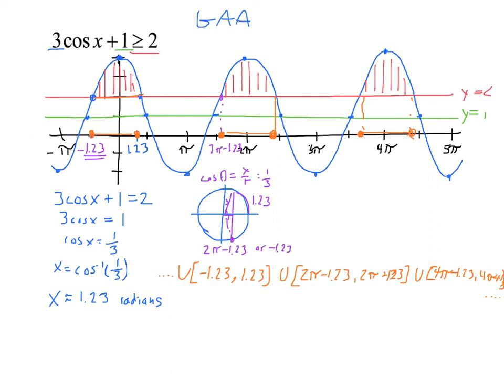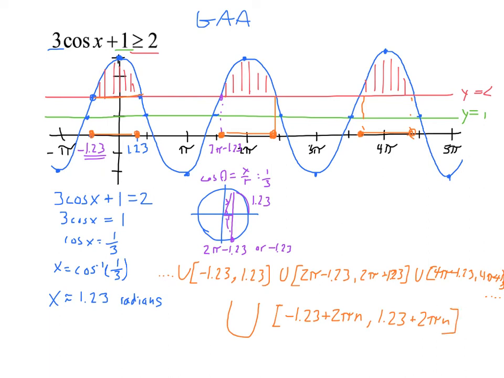It extends infinitely, both forward and backwards, but they're all this distance of 2 pi apart. So we can actually write this in a single notation here. But this is the gigantic union, the superunion, of negative 1.23 plus 2 pi n up to positive 1.23 plus 2 pi n.